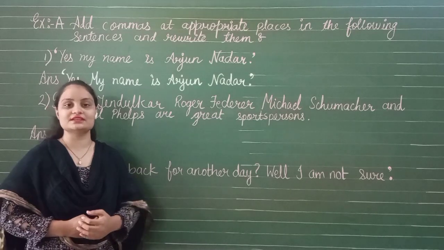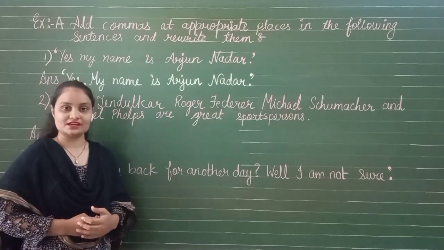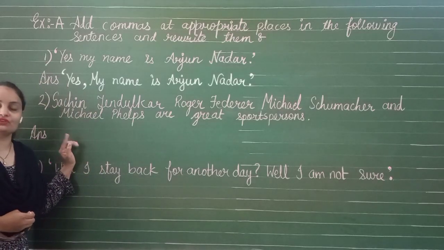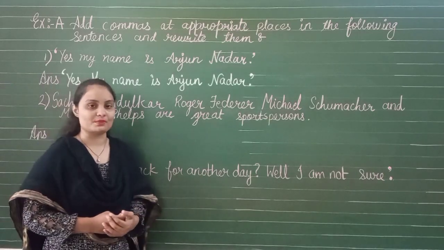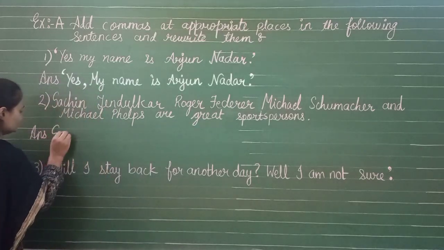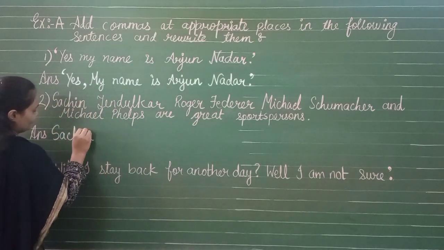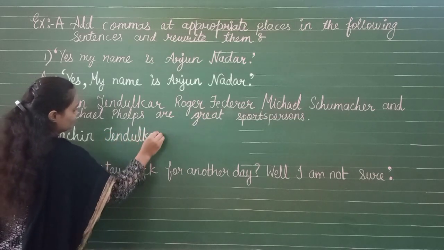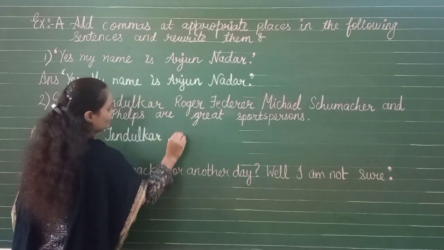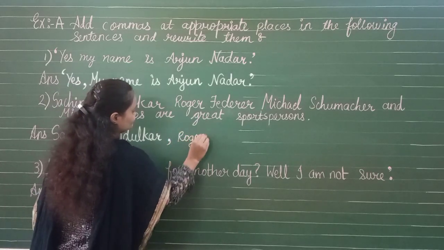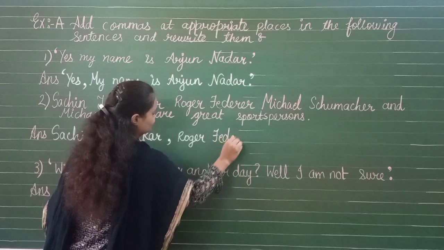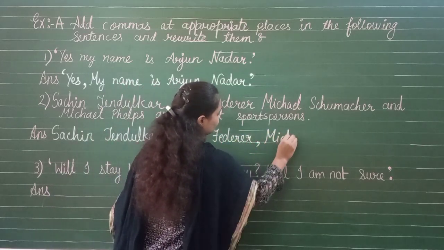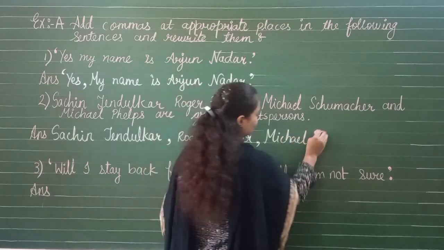Here you can see the series is of names, right? These are the names of persons. So if you want to separate the names, what are we using? We are using commas. So let's do Sachin Tendulkar, comma, Roger Federer, comma, Michael Schumacher.